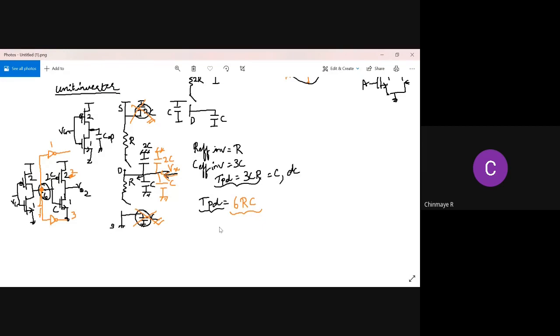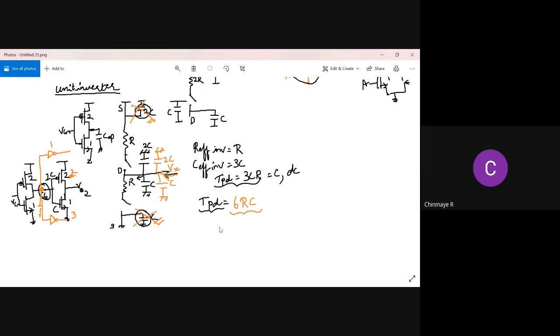But these are parasitics. The delay is dominated by the load capacitance, which is much, much higher than the parasitic capacitors. So that's why we try to make the effective resistances equal so that the delays are more or less the same, right? So then we drew a unit inverter.